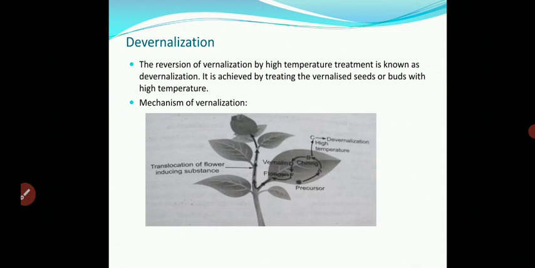The reversion of vernalization, that is, the cold treatment responsible for induction of flowering being reversed by high temperature treatment, is known as devernalization, the removal of the vernalization effect. It is achieved by treating the vernalized seeds or buds with high temperature, and it should be done immediately after vernalization. Sometimes low irradiance also brings about devernalization.